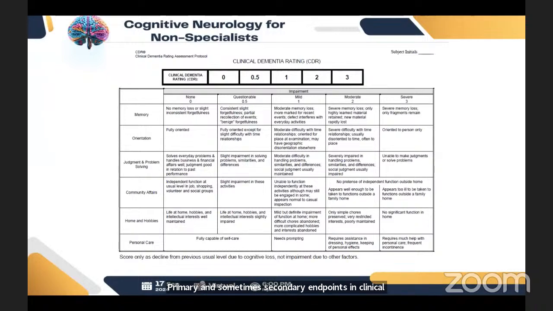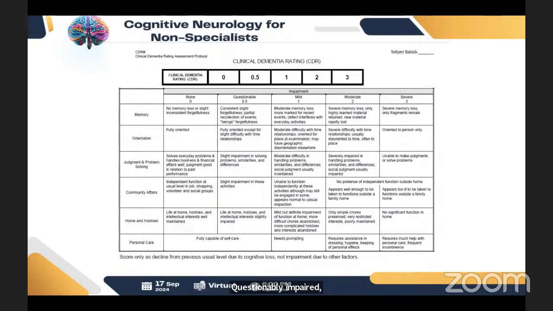So basically, after you go over the tool, you ask the questions and you write down your answers. You make your own impression at the end about every cognitive domain. Based on what you've heard from the caregiver and what you've asked the patient, you decide that memory is questionably impaired, mildly impaired, moderate, or severe.